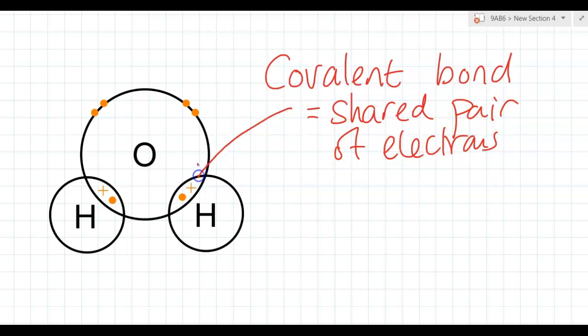Here, in the overlappy bit. So this diagram is showing water molecules, H2O.